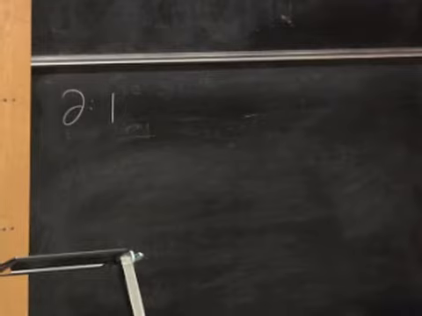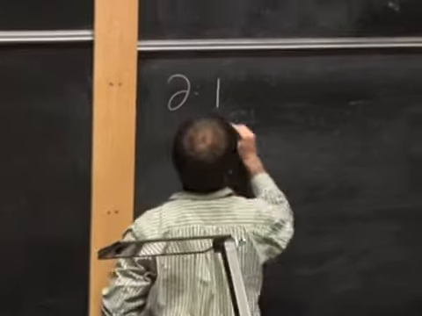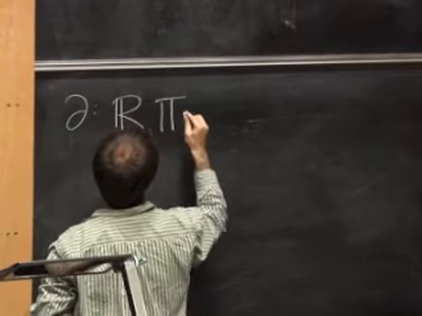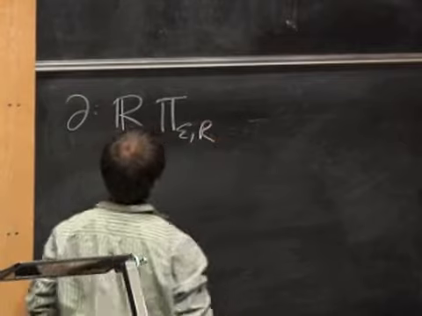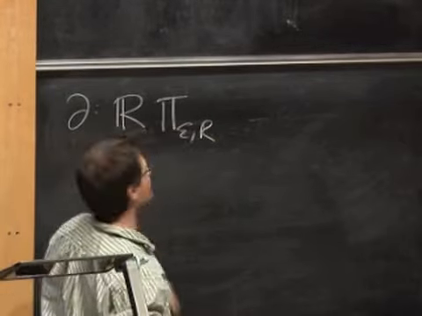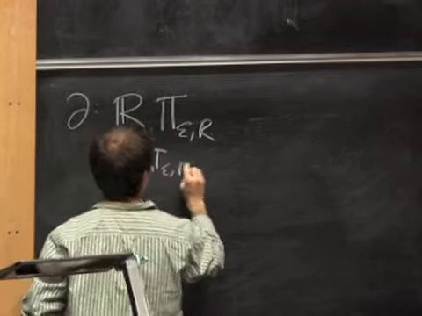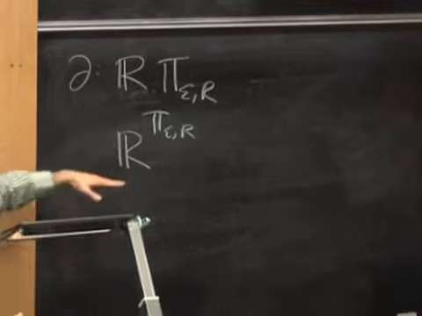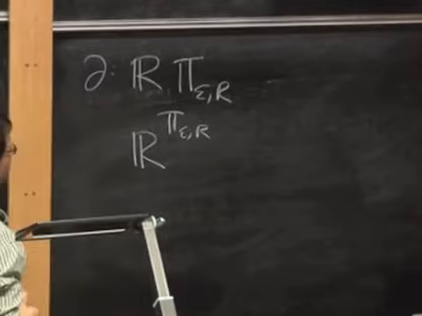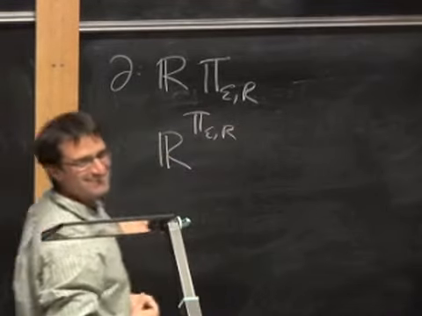Okay. So this boundary operation, it's kind of funny, right? If I write R to the pi epsilon R, this is formal sums of good pants. And if I write R to the pi epsilon R, this is essentially the same thing, even though it looks totally different, because it's giving a real number to each pair of pants. That's strange, isn't it?